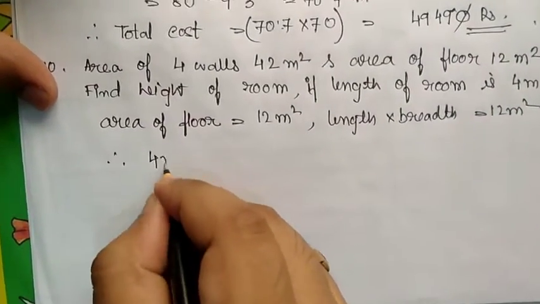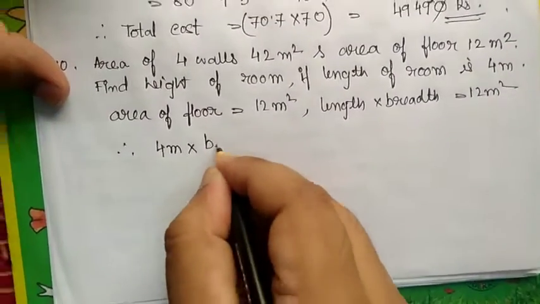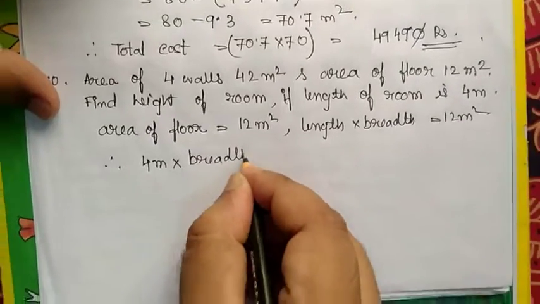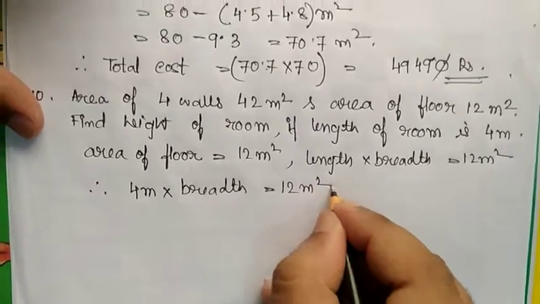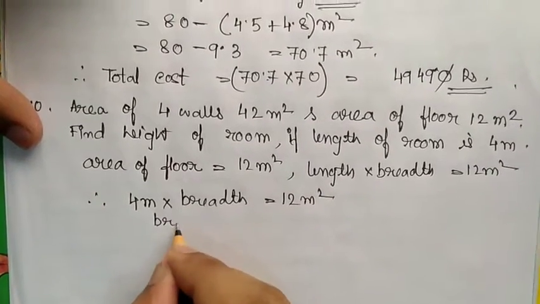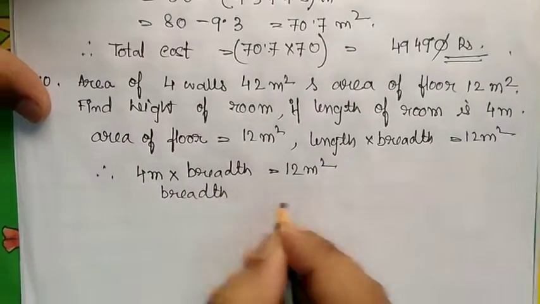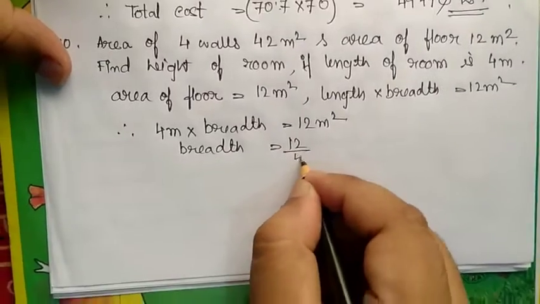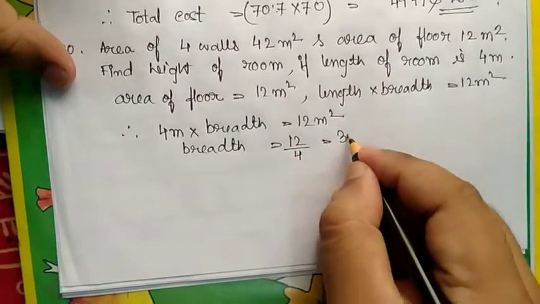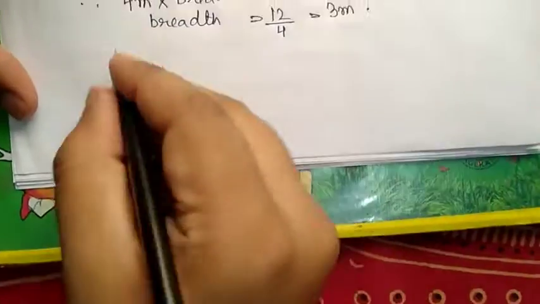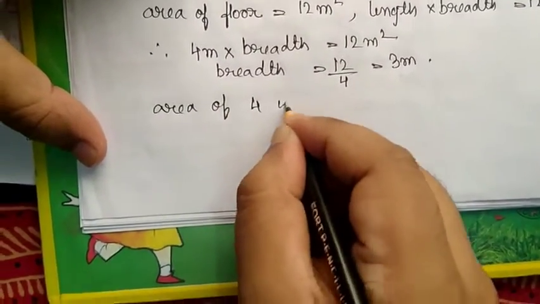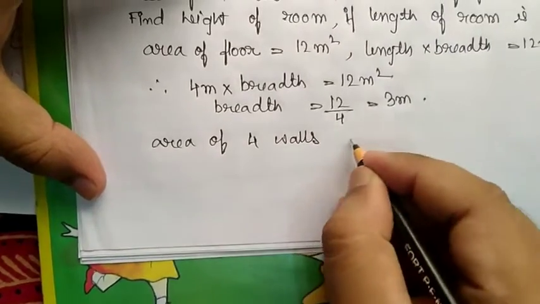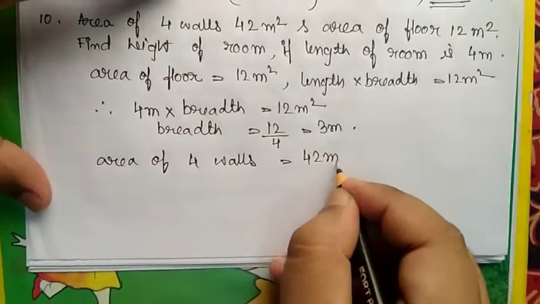So 4 meter into breadth equal to 12 meter square. So breadth equal to 12 by 4 equal to 3 meter. Now we know that area of 4 walls equal to 42 meter square.